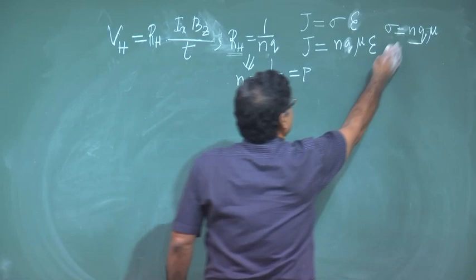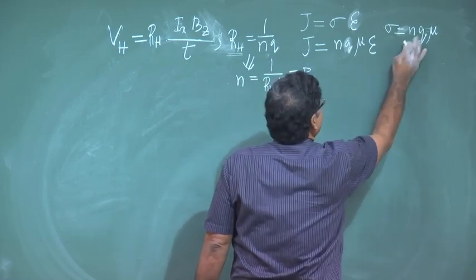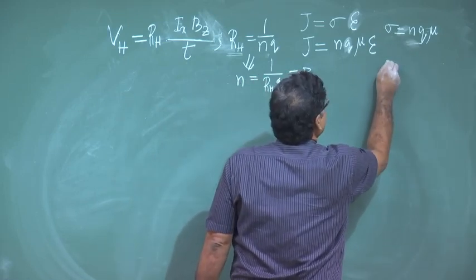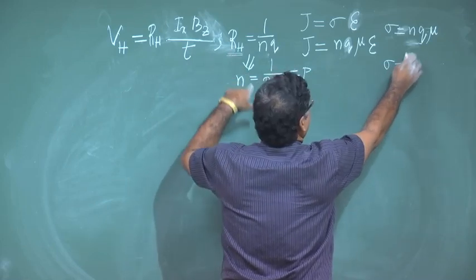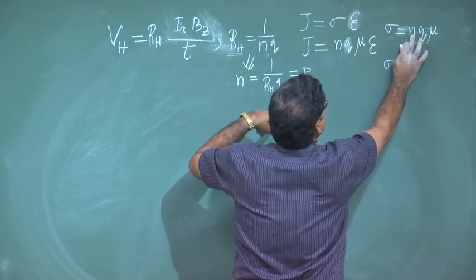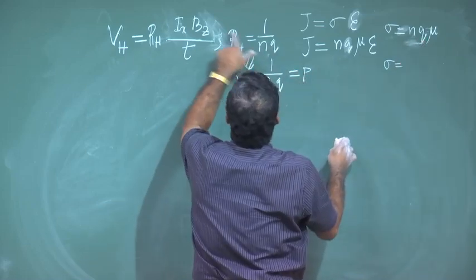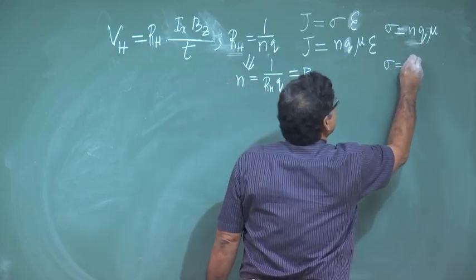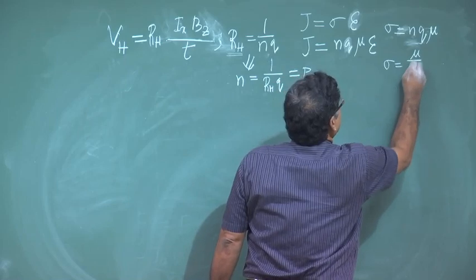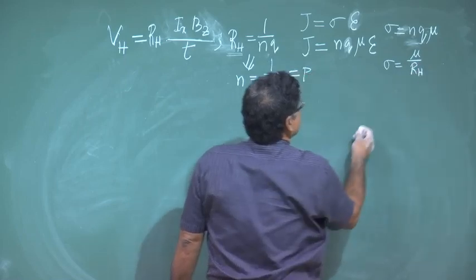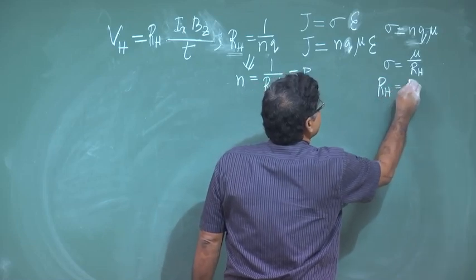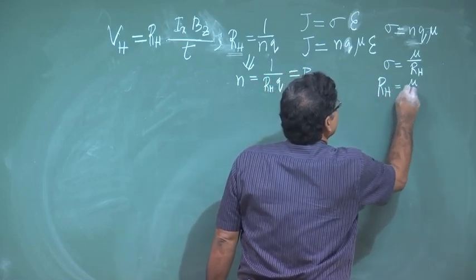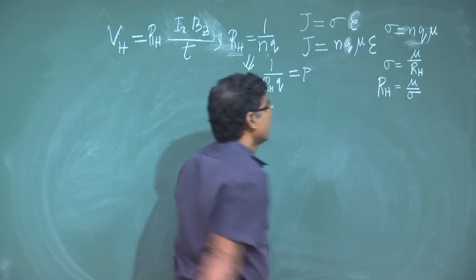So, basically here I can write sigma equal to 1 by RH, NQ is 1 by RH, so mu by RH. So, RH equal to mu by sigma, okay.